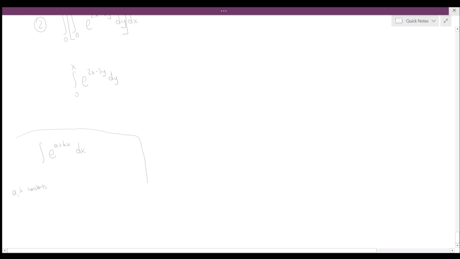All right, so when you have something like this and you're finding the integral, the rule is to divide by the coefficient of x. So it's going to be 1 over b, and then times the exponential.